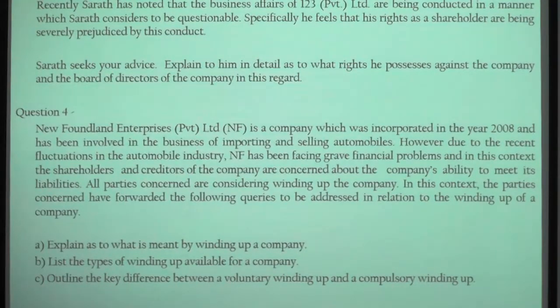Since it says that the company's ability to meet its liabilities is of concern, and they are also having grave financial problems, it appears that the accounts cannot be brought to zero. So obviously, this situation would end up in a creditors' voluntary winding up. Lastly, it has asked to outline the key difference between a voluntary winding up and a compulsory winding up.